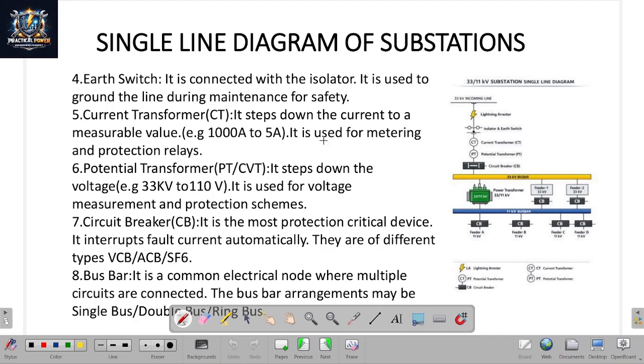It is used for metering and protection relays. This CT is also used for protection of the system and also for metering, as energy meter.